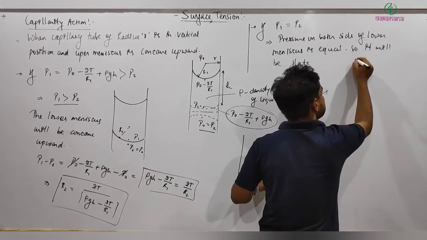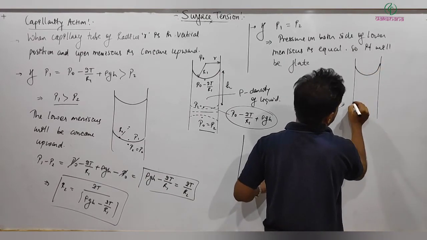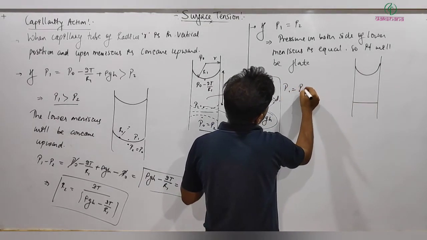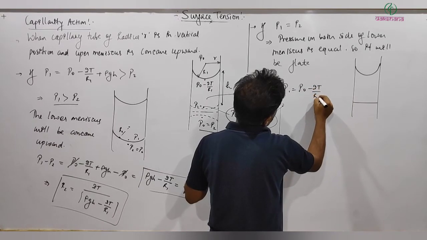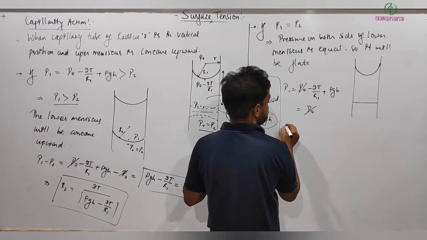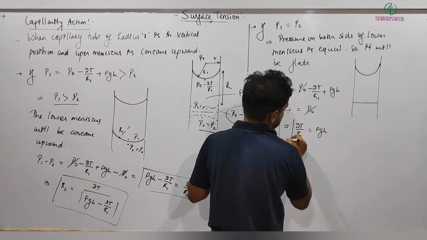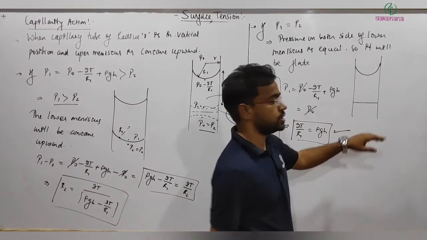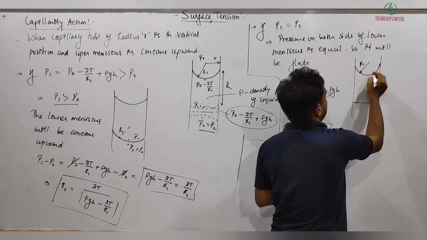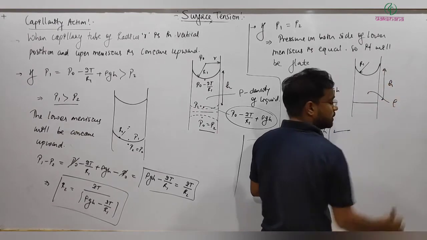In that situation, the upper one will be concave upward, and the lower one will be flat. The condition will be P1, equal to P0 minus 2T by R1 plus rho g h, is equal to P0, which implies 2T by R1 is equal to rho g h. If this is the condition, it will be flat. Here the radius is R1, the height is h, and the density of the liquid is rho.